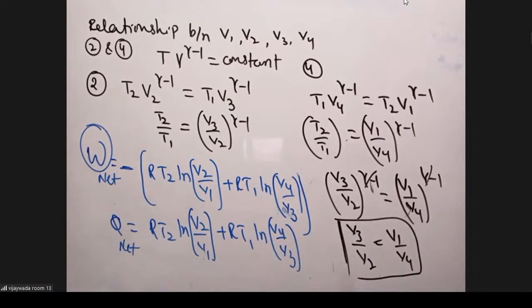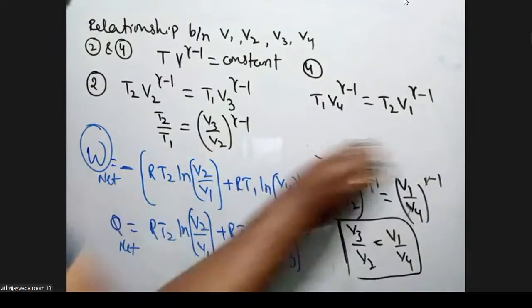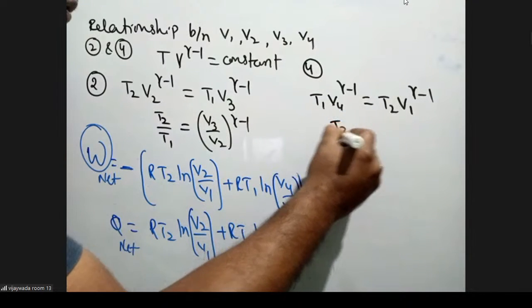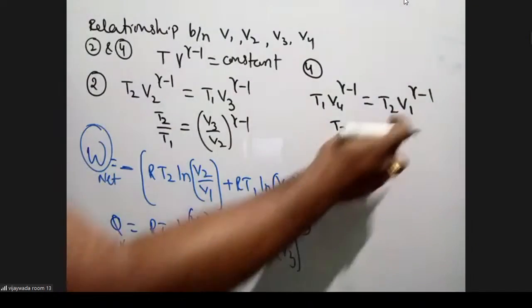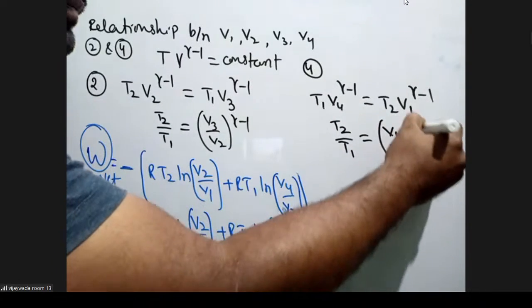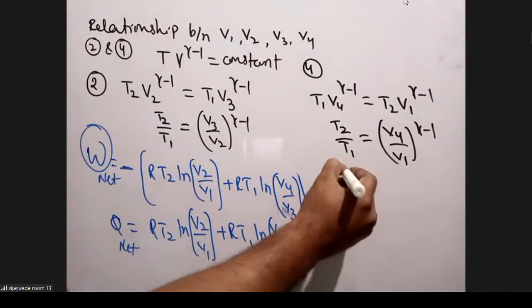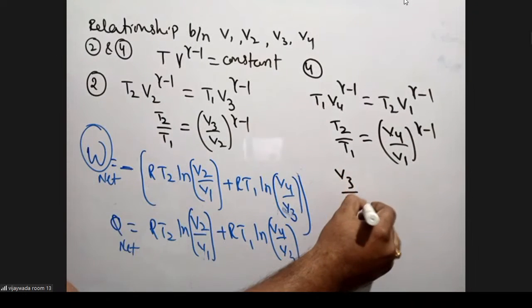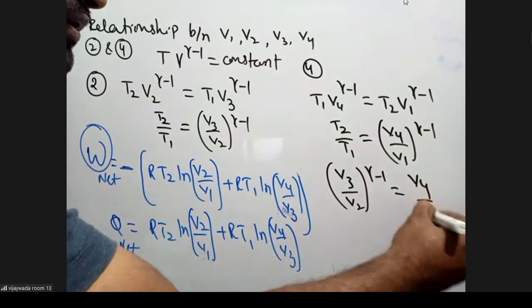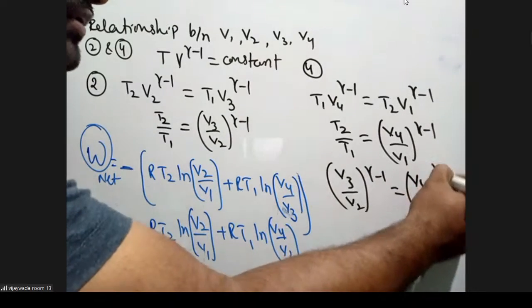Small change, students. Here wrong, I think. Here T2 by T1 equal to V4 by V1 power gamma minus 1. Sorry. From this, V3 by V2 power gamma minus 1 equal to V4 by V1 power gamma minus 1.